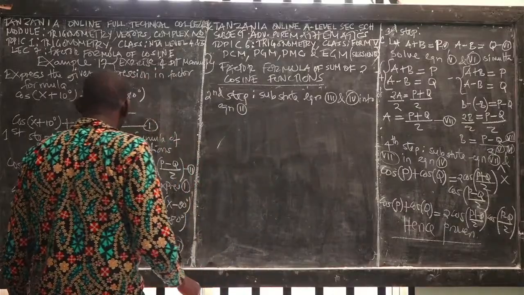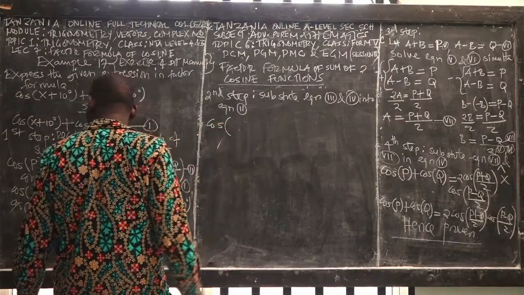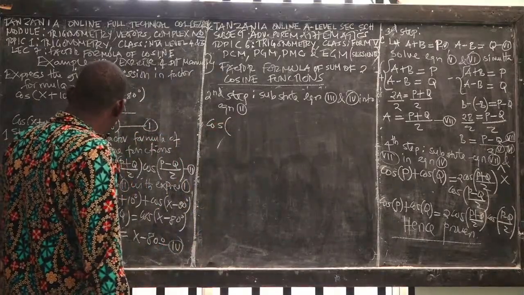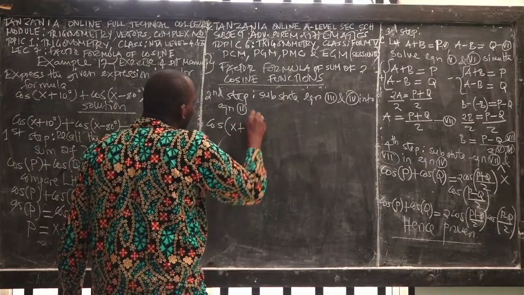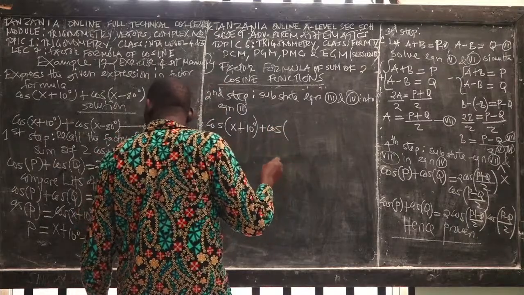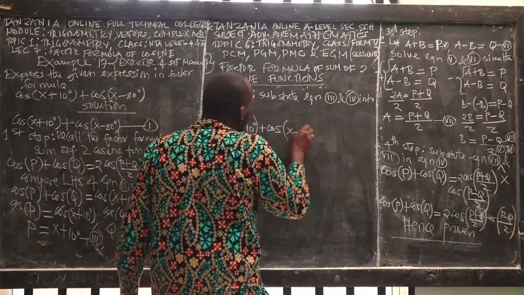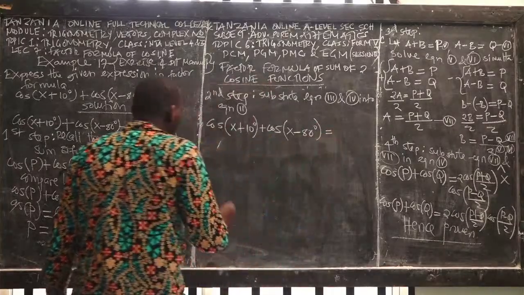So you have cos of P. What is the value of P? The value of P is X plus 10 degree, plus cosine, the value of Q is X minus 80 degree. This is equal to what?